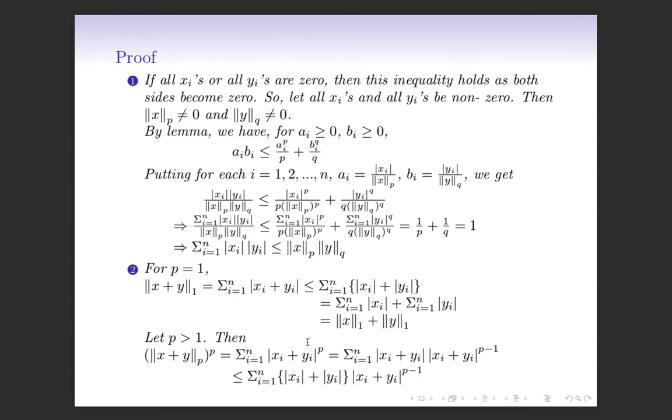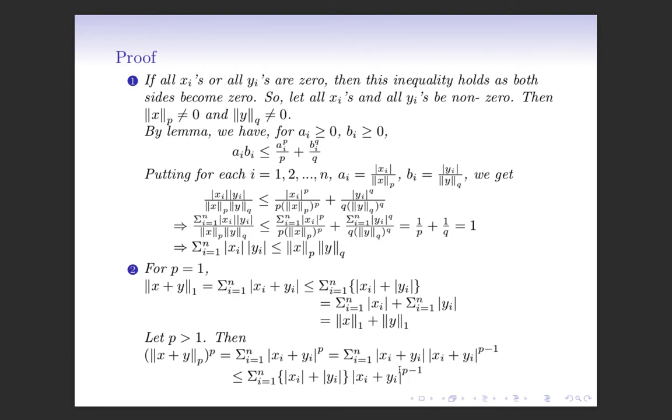Because here we have written whole to the power p, so here we have this term only. And we can write this term as summation mod xi plus yi into mod xi plus yi whole to the power p minus 1.